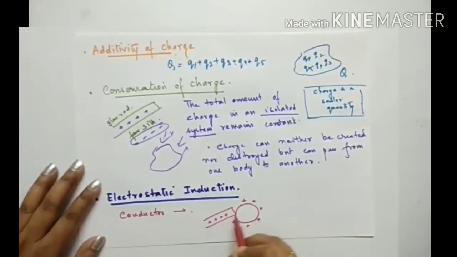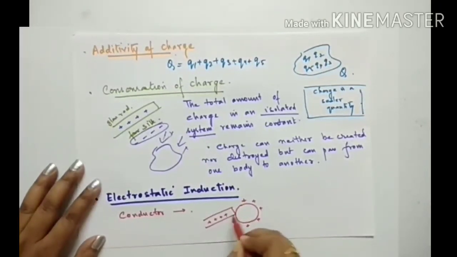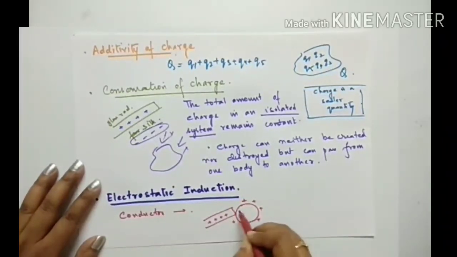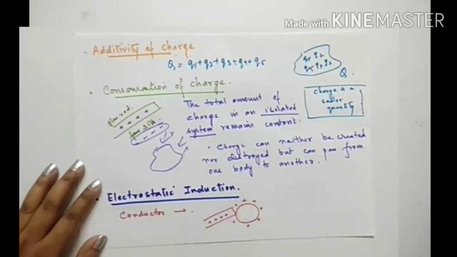When you bring the uncharged conductor near the positively charged body, the negative charges will be attracted towards this end and will pass on to the charged body, and when electrons pass from here to there, the conductor becomes positively charged.